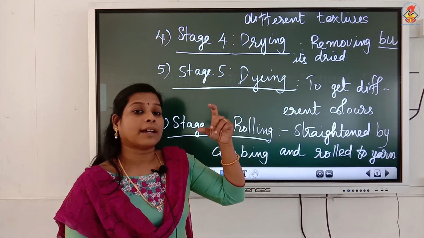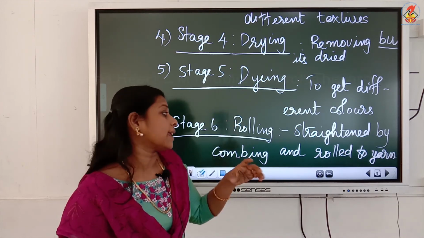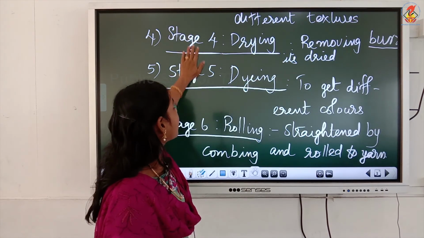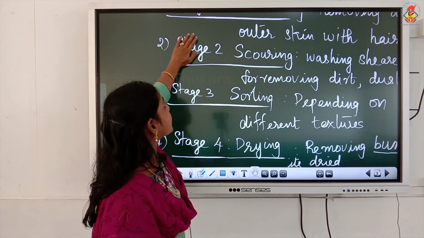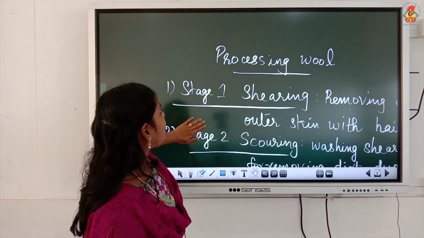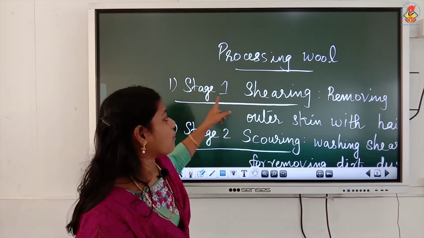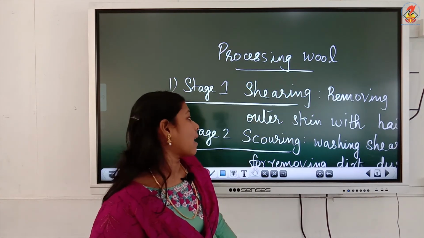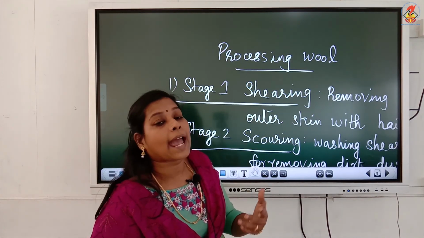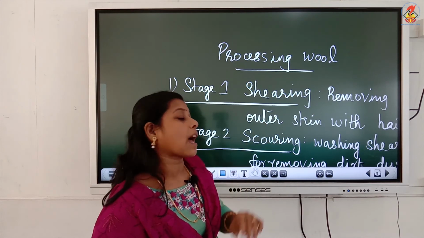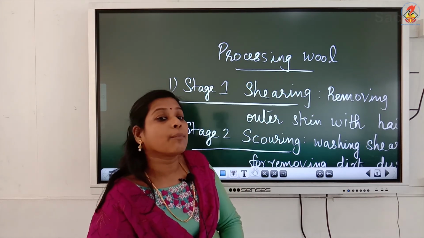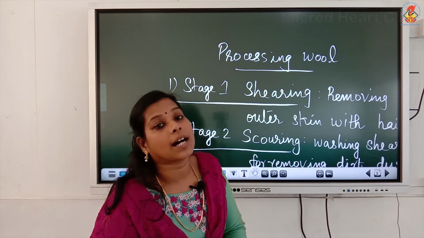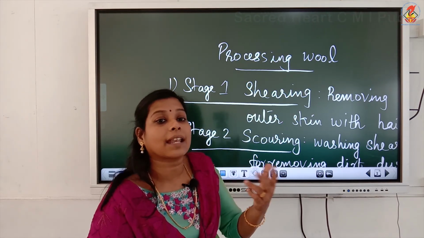Now we can see the different stages of processing of wool. Stage 1, shearing. Shearing is removing the hair as well as the outer skin of the woolen animal, and that process does not hurt the animal because the outer skin is dead.